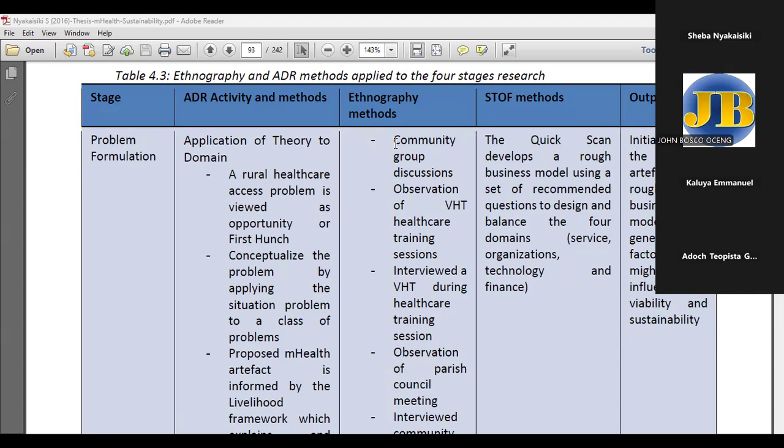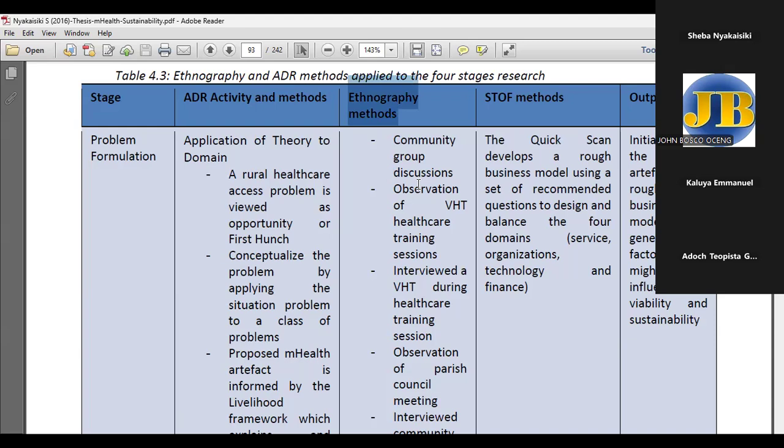Then here I'm talking about ADR, action design science research. So here I said in ethnography methods, what I did, I had community discussions, observations, and so on and so forth. If here it is case study, you would be saying, in my case study, I'll have interviews.